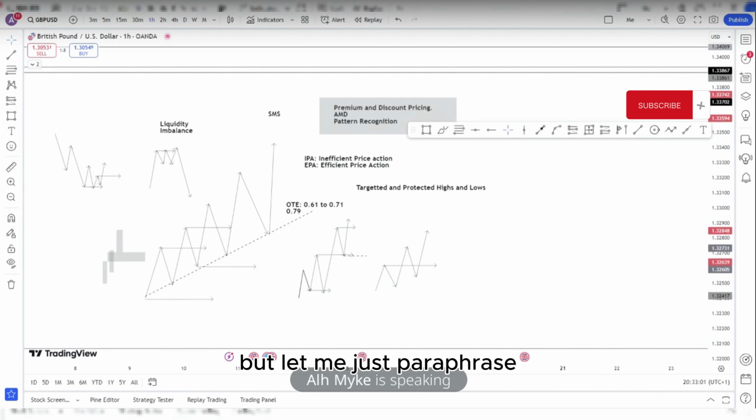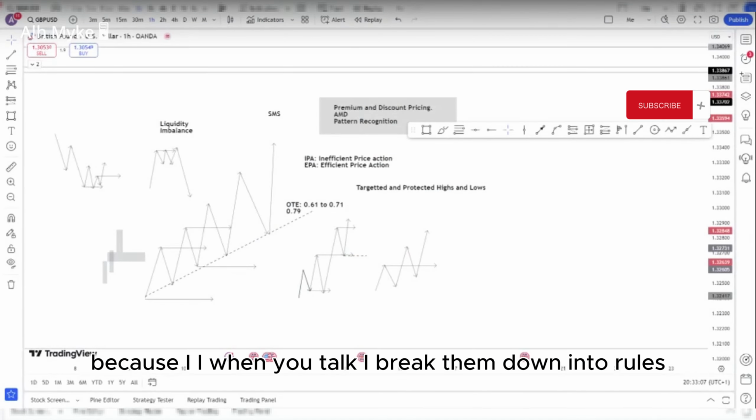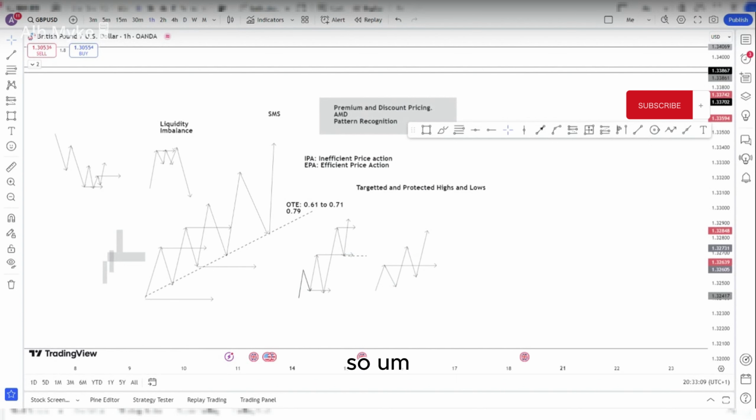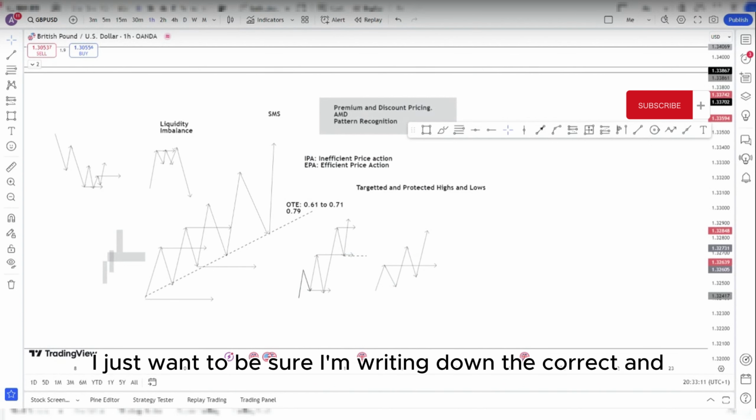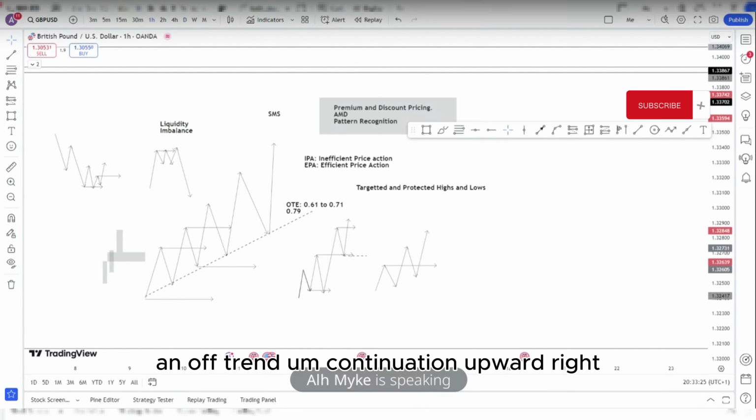But let me just paraphrase, so let's be sure. When you talk, I break it down into rules, so I just want to be sure I'm writing down the correct thing. All right, go on. So the first rule: let's say we are looking at an uptrend continuation upward.